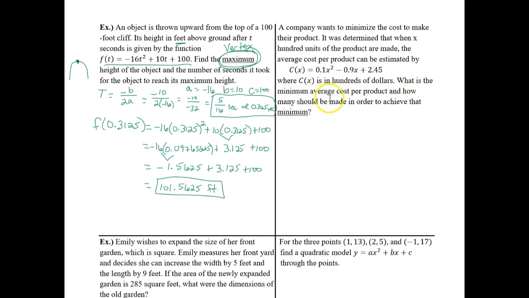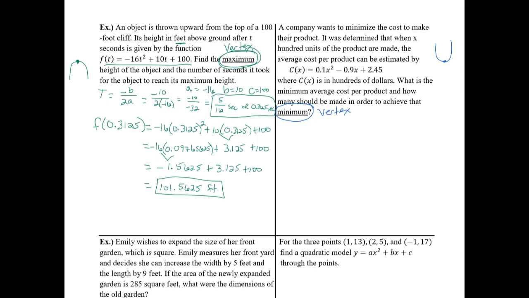What is the minimum average cost per product, and how many should be made in order to achieve that minimum? So in this case, it's a minimum. So again, it comes back down to the vertex formula, because with a quadratic, the minimum is also the vertex.